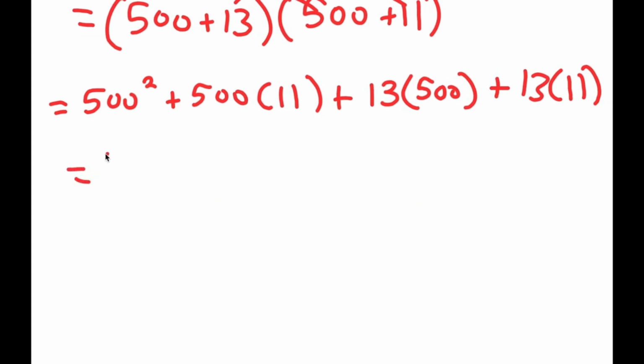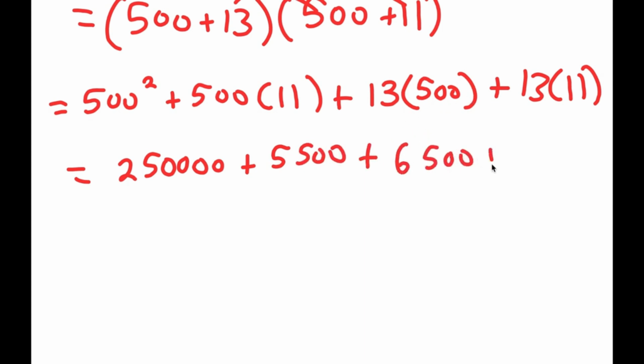Now it's much easier to solve this. 500 squared is 250,000. And 500 times 11 is 5,500. 13 times 500 is 6,500. And finally, 13 times 11 is 143.